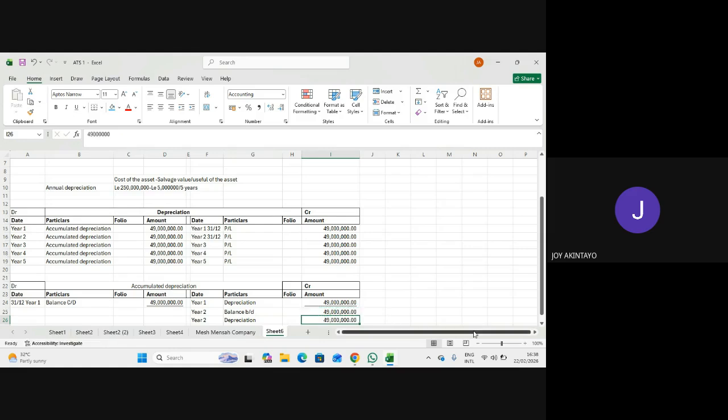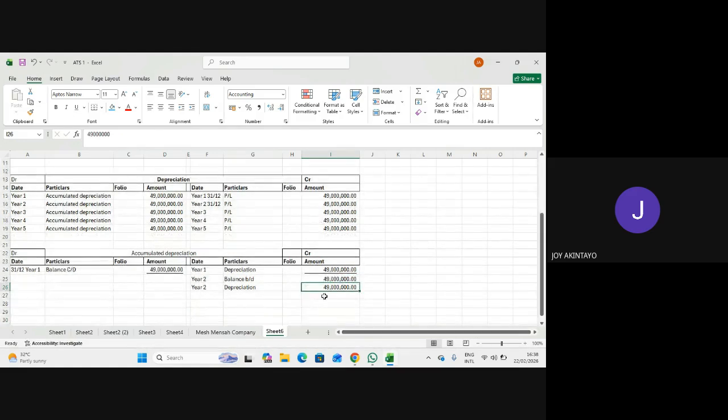So I'm taking you through the ledger form. Do you understand? So I just want to take you through the ledger form. You add it together. Then you come here.